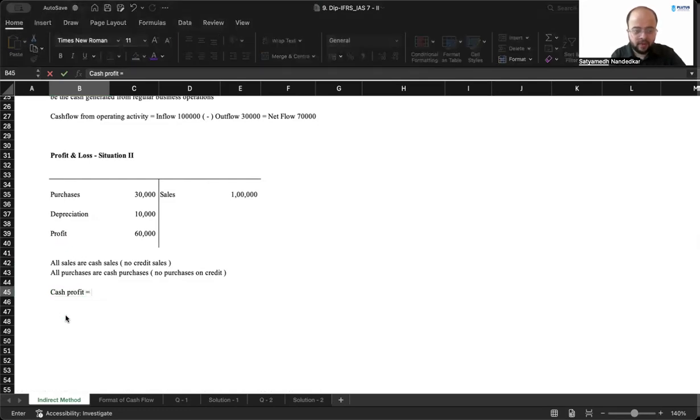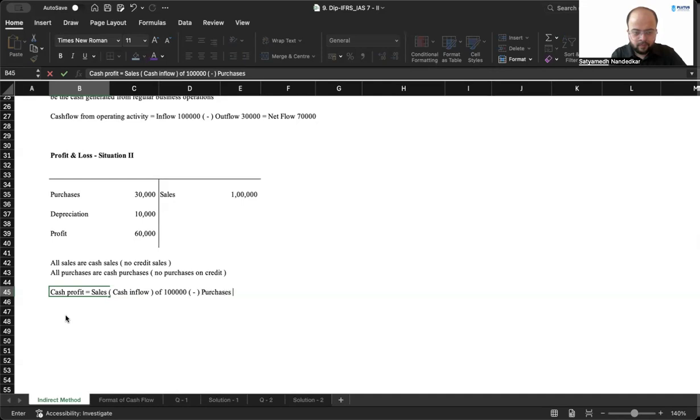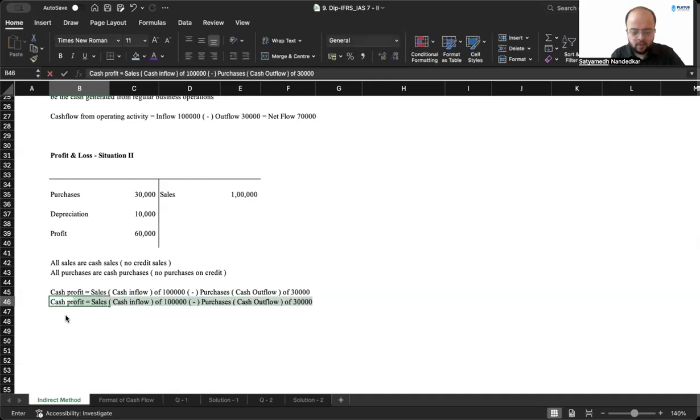My cash profit is sales, which is your cash inflow in this case, sales or cash inflow of 1 lakh minus purchases, that is cash outflow of 30,000. So cash profit is 70,000.